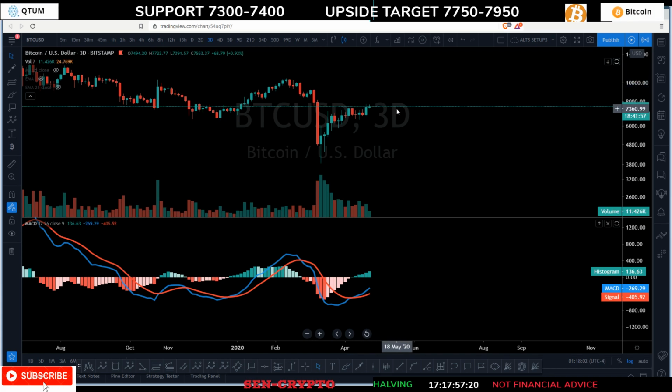Basically, until we see a strong rejection, a strong bearish red candle in this area. Red volume candle. It has to be red, guys.